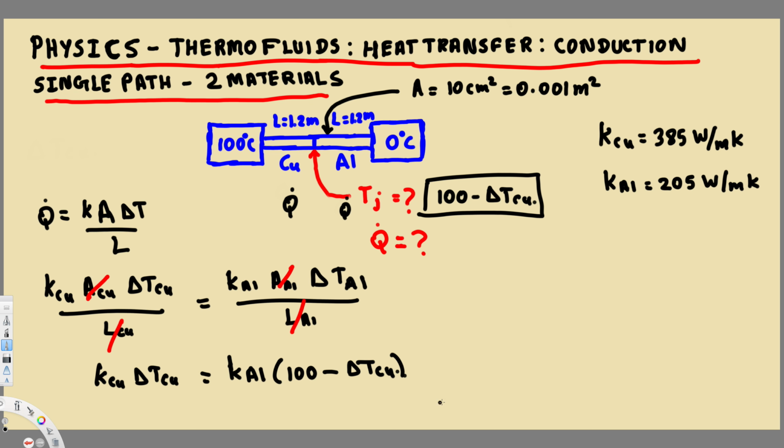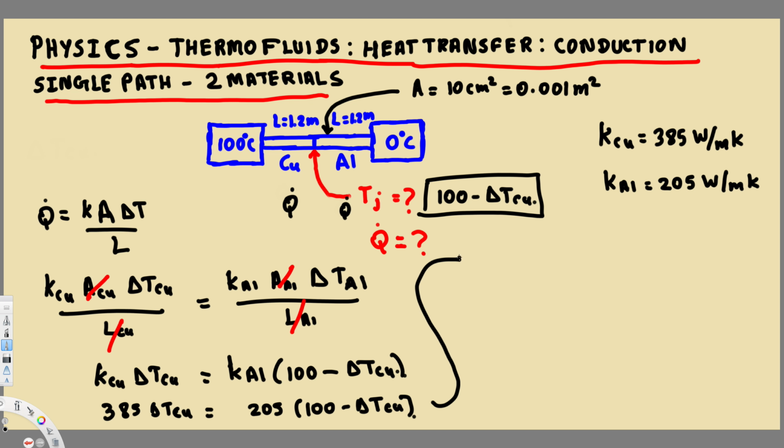Now let's go ahead and plug the values, right? So first we have 385 for copper thermal conductivity. 385 delta T copper is equivalent to 205 times 100 minus delta T copper. Now let's simplify this one.